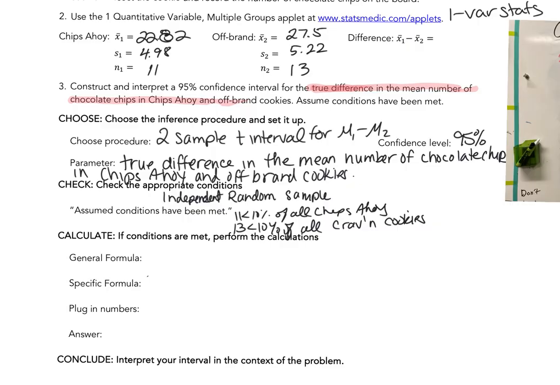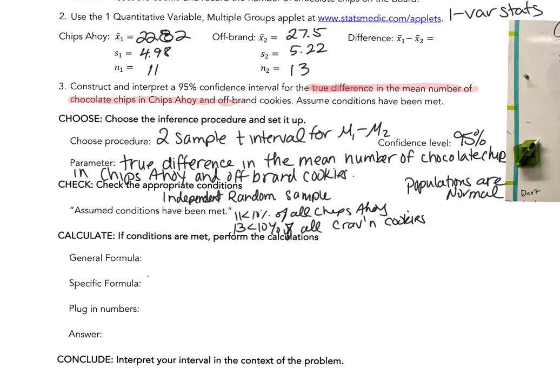And then the populations are normal. So we can use a normal model even though our n is not greater than or equal to 30. So that's how we get by our CLT. We don't actually need the central limit theorem, because if the population is normal, then our sampling distribution will be normal no matter what size it is. So we have the conditions. We can use a normal model.